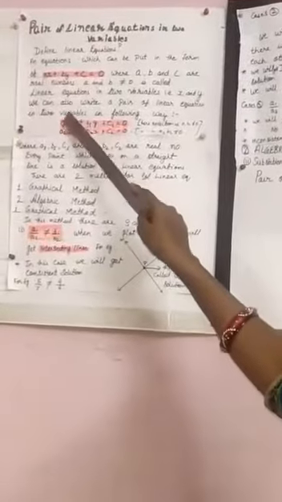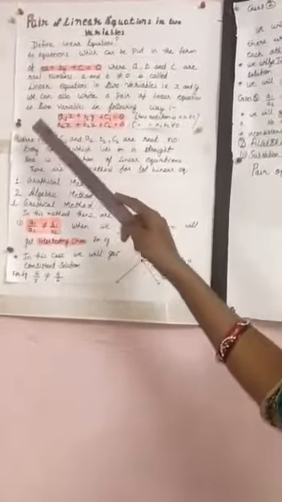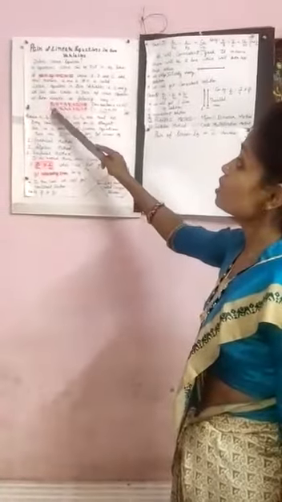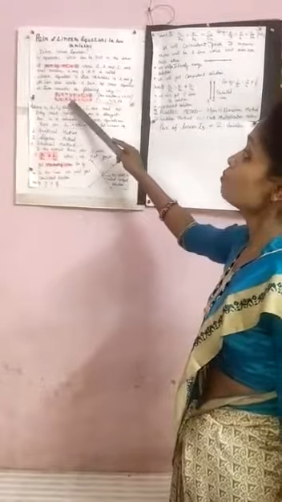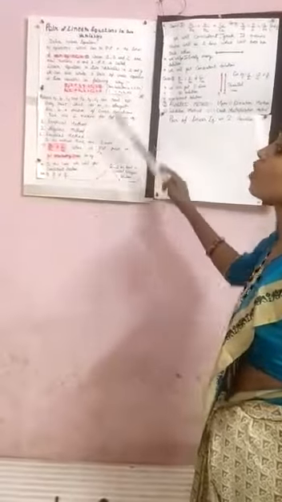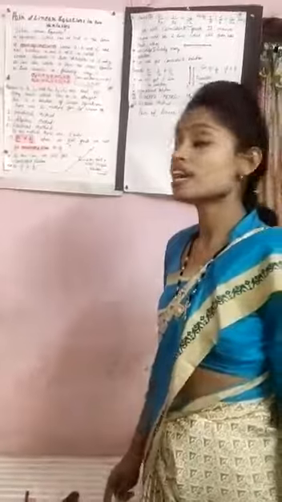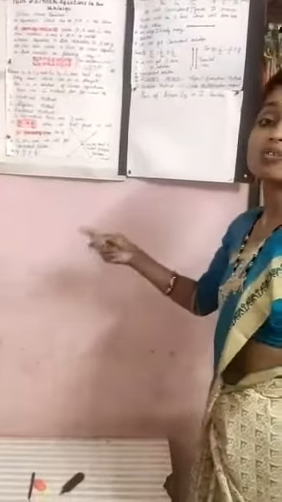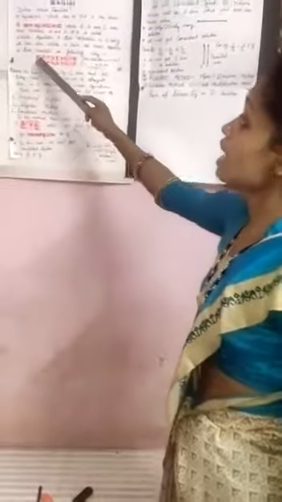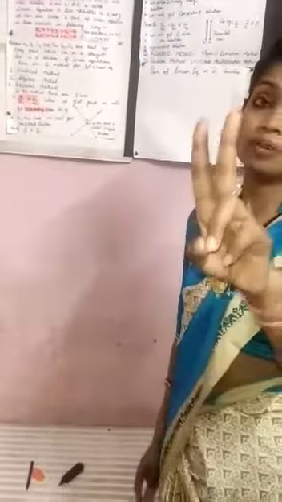It means you should choose numbers other than 0. And a1, b1, c1, a2, b2, c2, all these are real numbers, meaning any number, any counting number, and x and y are the two variables.